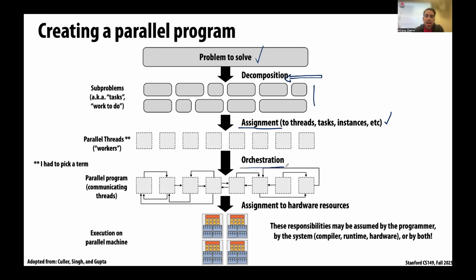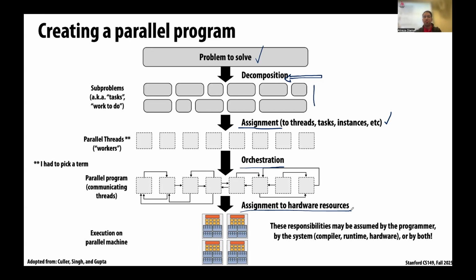And finally, after these steps, what you want to do is the assignment to the real hardware resources. So now you know how many execution units your program needs, how they can communicate, and which execution unit does exactly what.